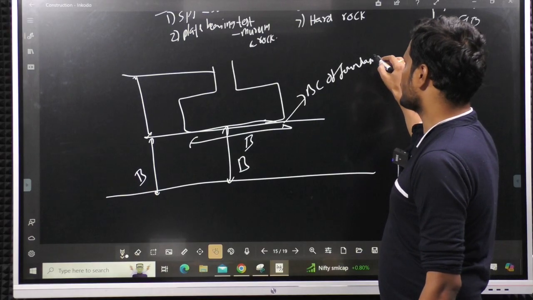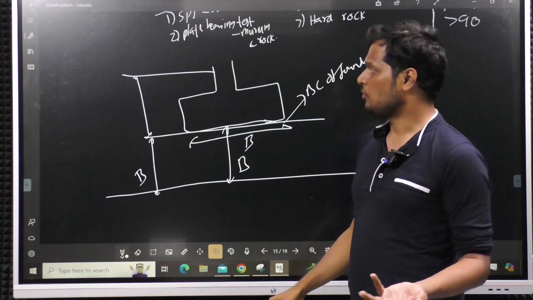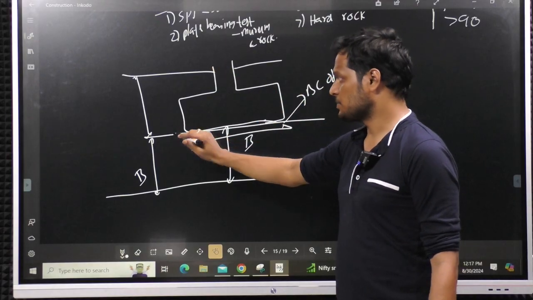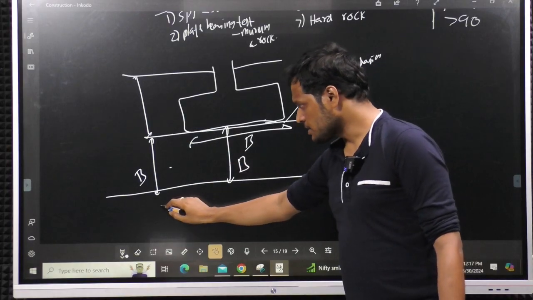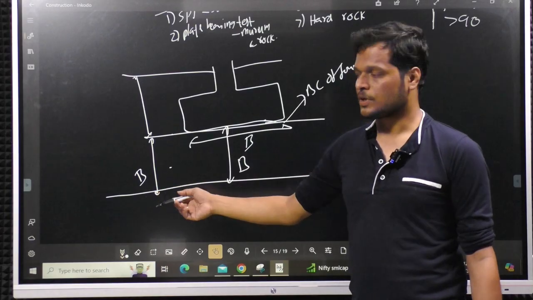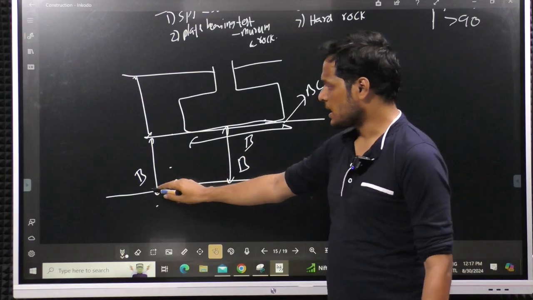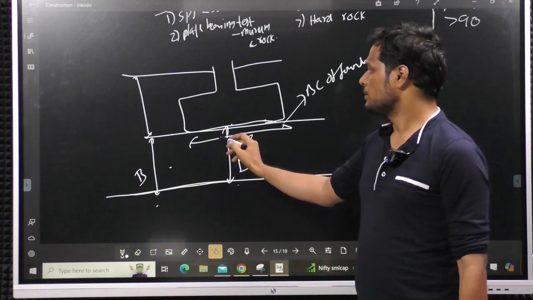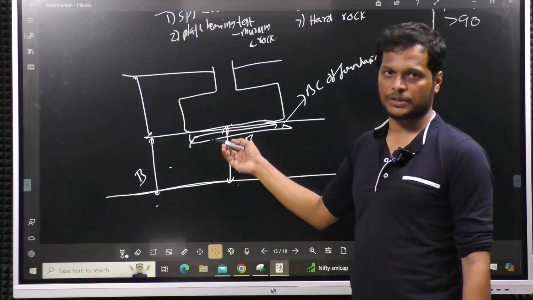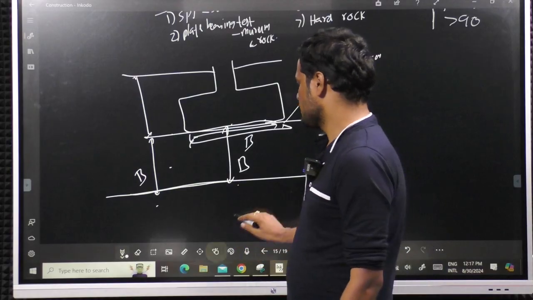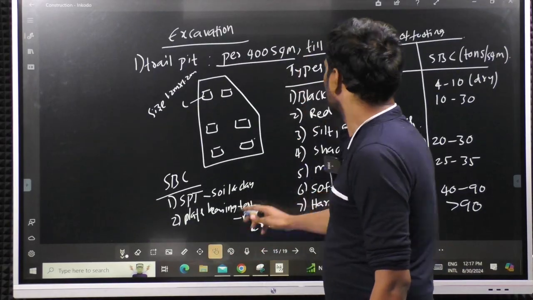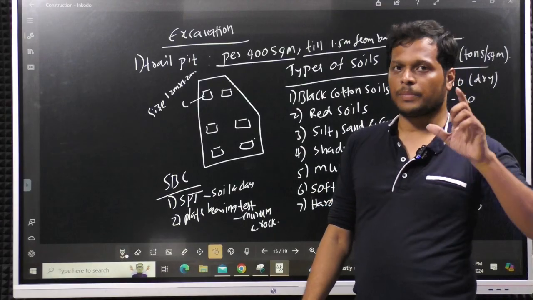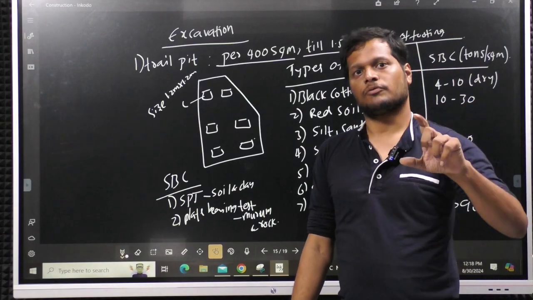That is why, when we study the water level, we study it between ground level and foundation depth. If the water is below this, it won't affect anyway. So identifying the properties at least till 1.5 meters below the foundation, or till the breadth of the foundation, is essential. As a thumb rule, we take around 1.5 meters from the base of the footing. If they give a depth till the base of the footing, you can take that.